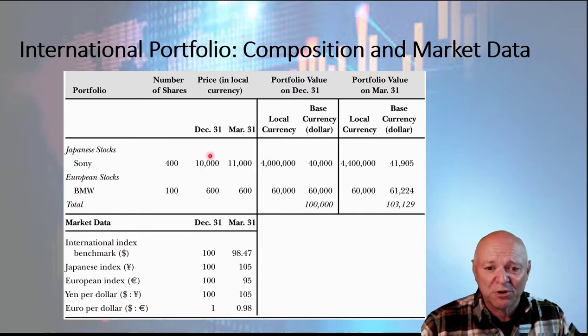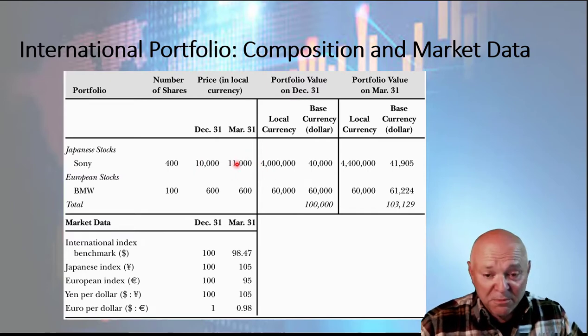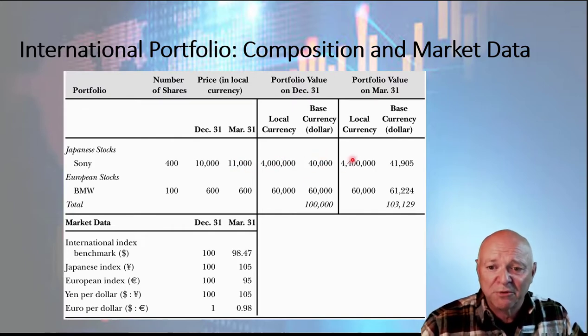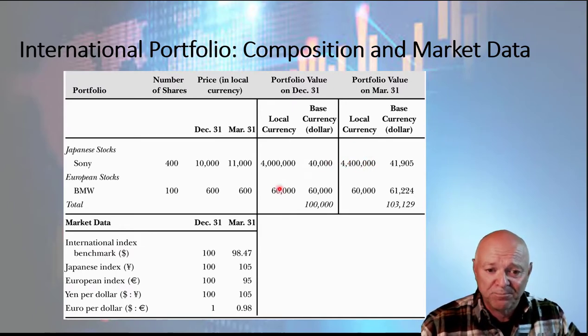So 10,000 per unit times 400 gives us 4 million. And at the end of the period, the price of the share had gone up to 11,000 yen, and so they had gained, well, about 4,400,000, so they've got 400,000 essentially in a capital gain.